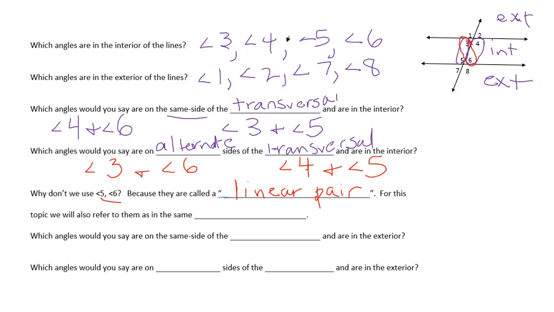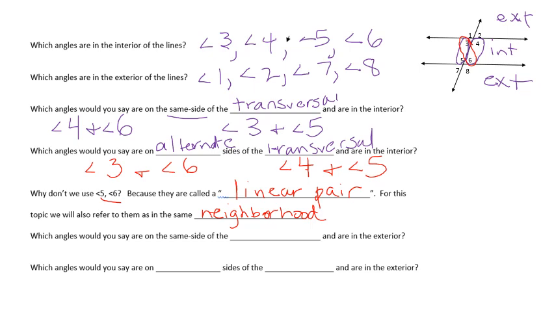So we also refer to them as being in the same neighborhood. They're in the same group, and we'll talk more about that later. But 5 and 6, and 3 and 4, and 1 and 2, and 7 and 8, they're already special angles because they're linear pairs.